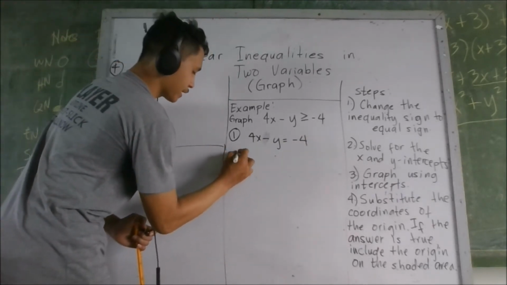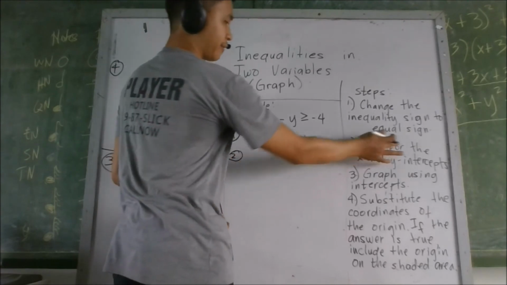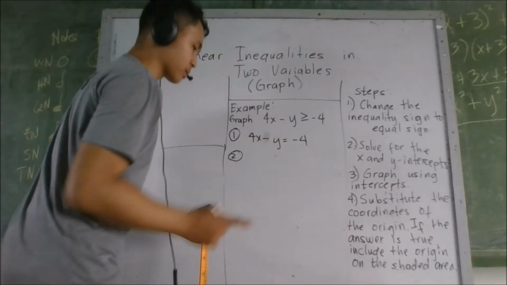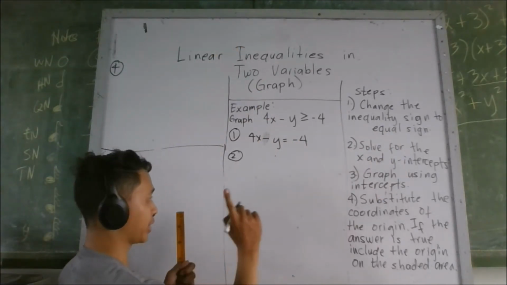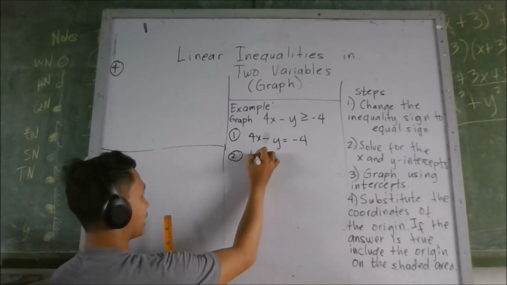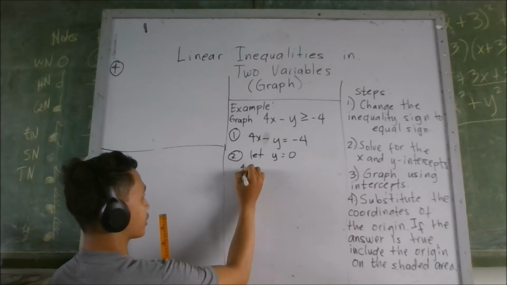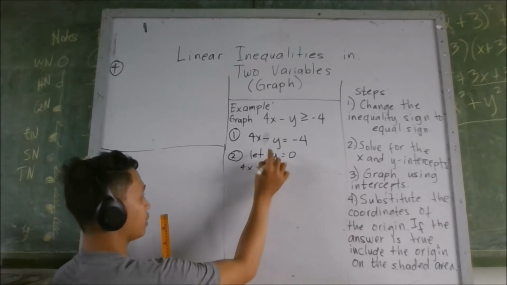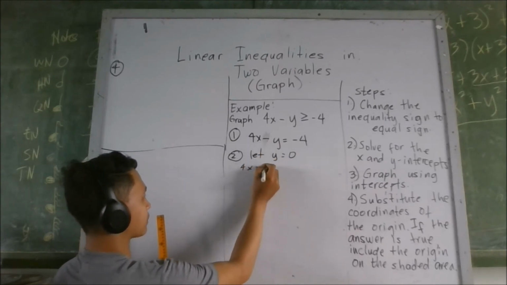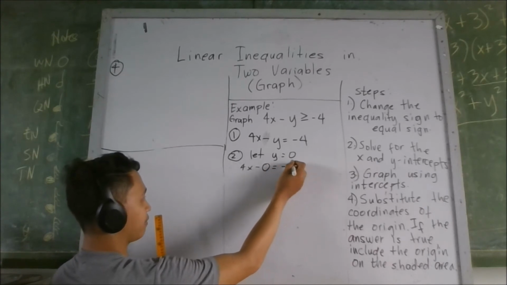The second step natin here, students, is solve for the x and y intercept. First, let's solve for the x intercept. If we are looking for the x intercept, we let y equal to 0. So that would be 4x minus yung y na 0 equals negative 4.